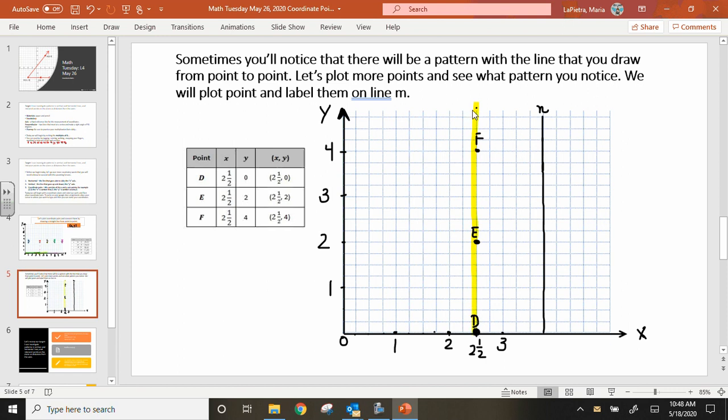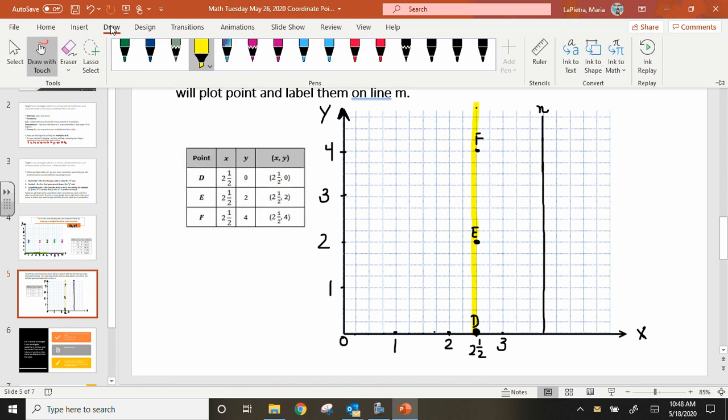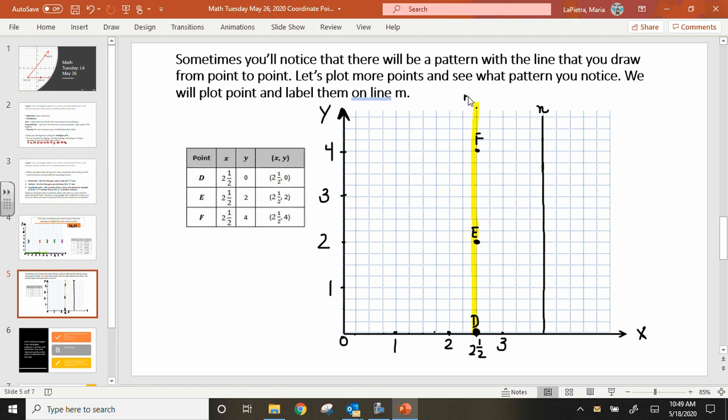Okay, this is going to be labeled M. Okay, what do we notice about N and M? These lines are parallel. Each line continues to go on and will not touch each other. That is parallel, don't forget.